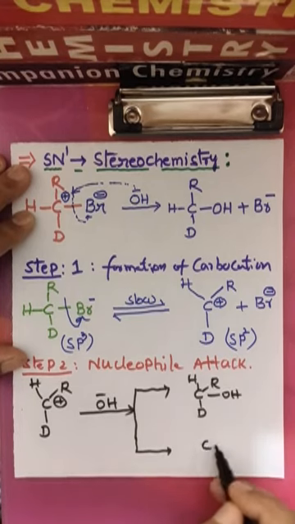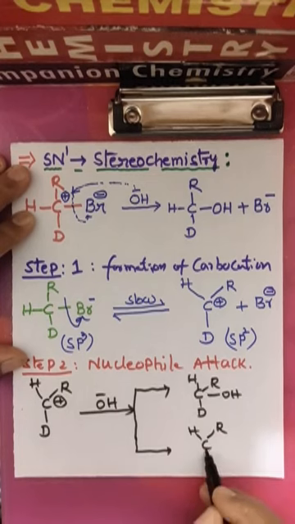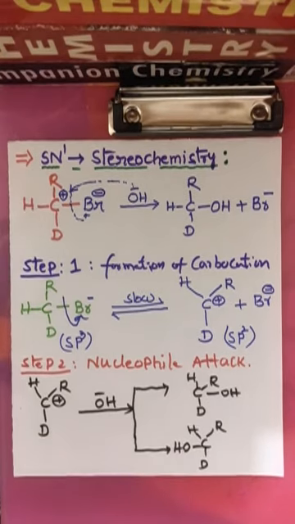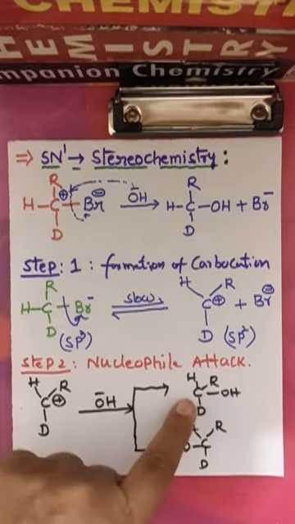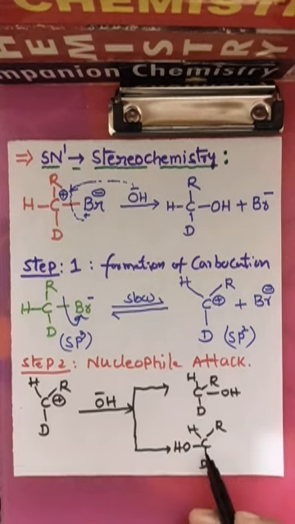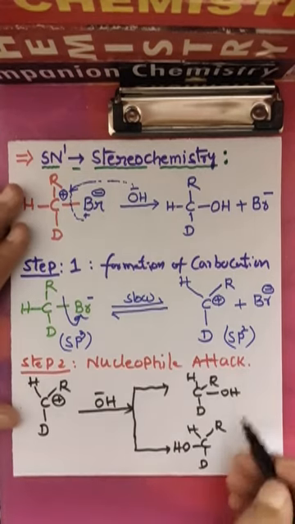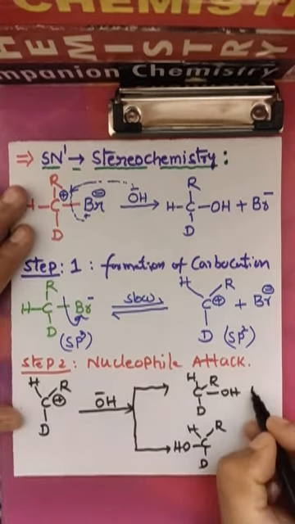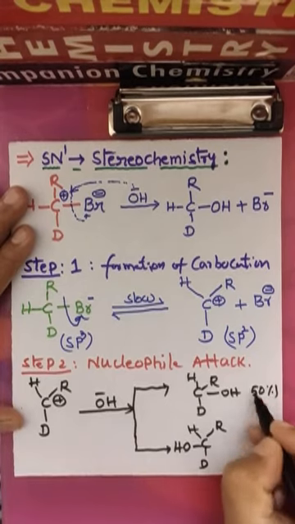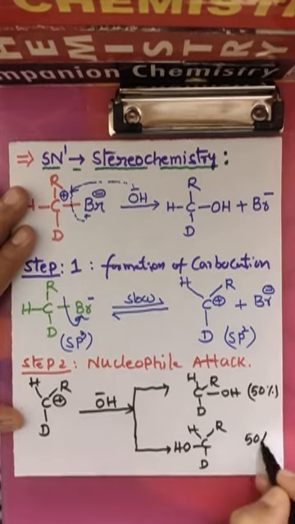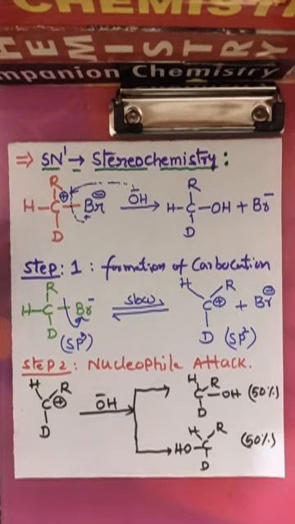Back side attack gives C H R D OH. Like this, front side attack gives one product, back side attack gives one product. And this is 50% and this is 50%, meaning equimolar.